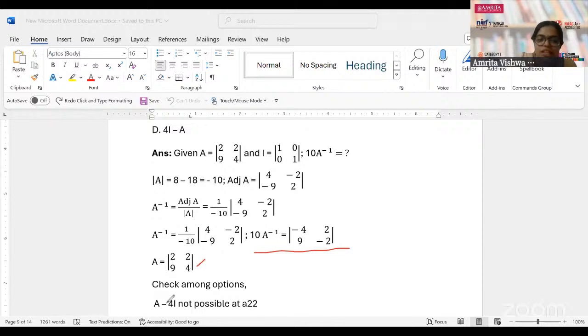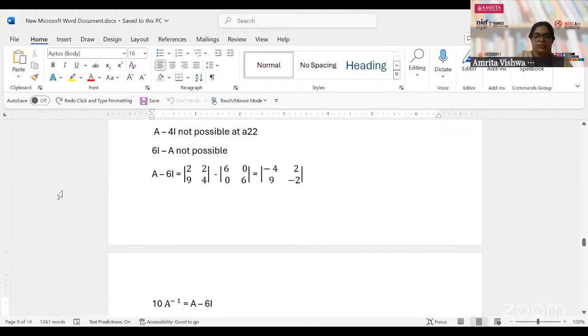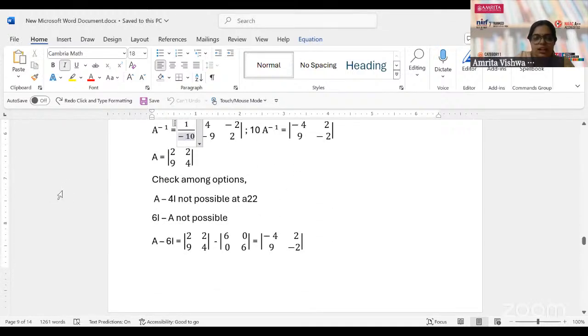So if it is A minus 4I, it's going to be 2, 2, 9, 4 minus 4, 0, 0, 4. It will not be equal to this thing. Similarly, you can try with each and every option and find out whichever is the one that matches the question. So the third one is A minus 6I.